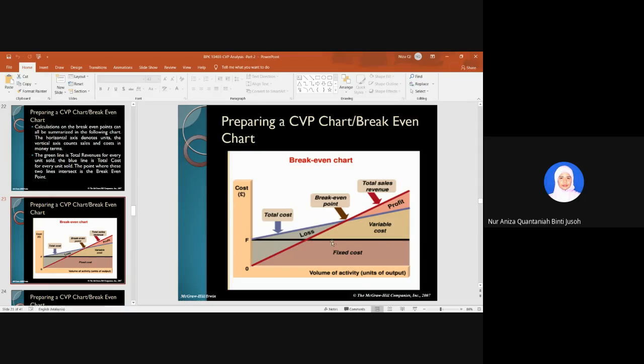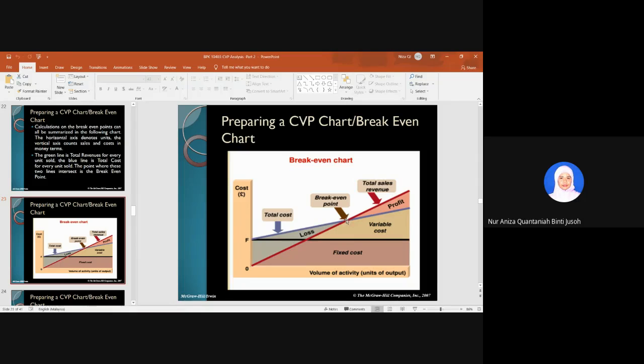Then for the total cost, you start at the fixed cost point and draw a line that will intersect with the total sales revenue line. The blue line will intersect with the red line. The point of intersection is the break-even point.